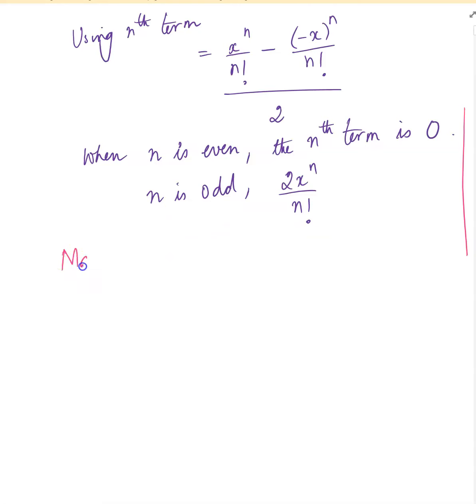Okay, the Maclaurin series for sinh x, we see, can only have odd terms, because even terms would be all cancelled off.